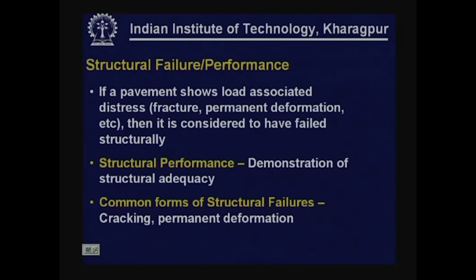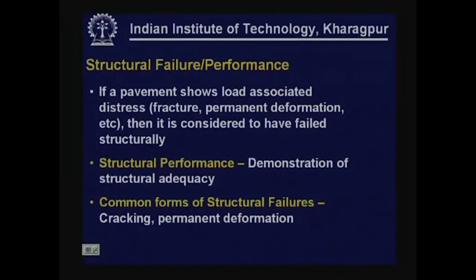It is not that the pavement has adequate structural strength at the beginning of the service life period, but over its entire life period it should have adequate structural strength. But how much is adequate after 4 years, how much is adequate at the beginning of the service life, that has to be defined. The common forms of structural failures are cracking and permanent deformation.